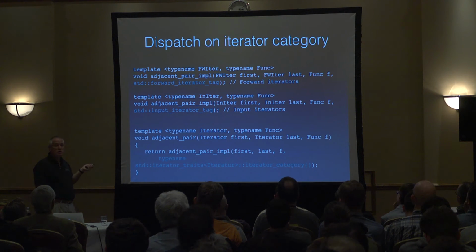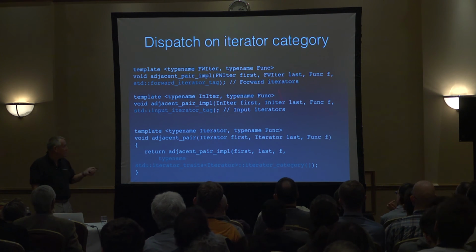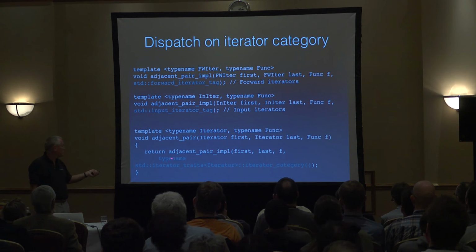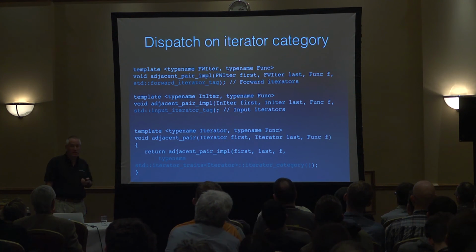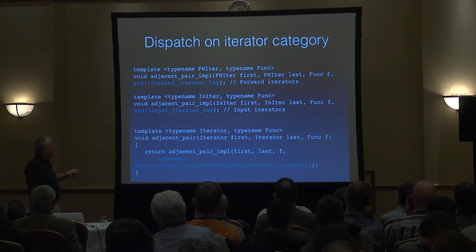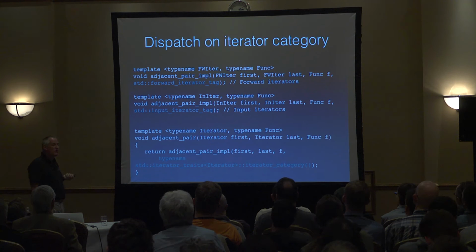We're not going to use these parameters. They're empty structs. They don't carry any data. So I didn't bother naming them. And in adjacent pair, we call adjacent pair impl with first, last, f. Just take those 3 parameters, and also a default constructed iterator category. And the compiler will call one of these depending on what kind of iterator you have.